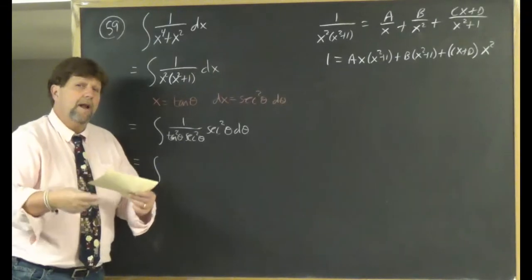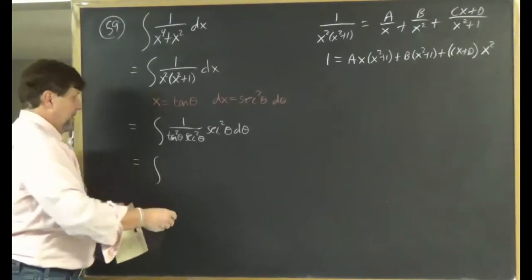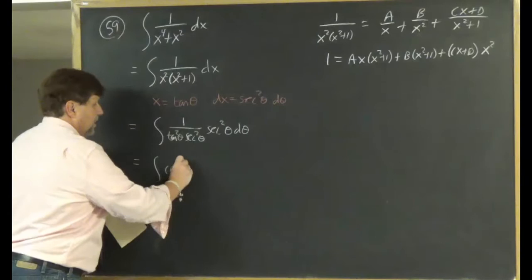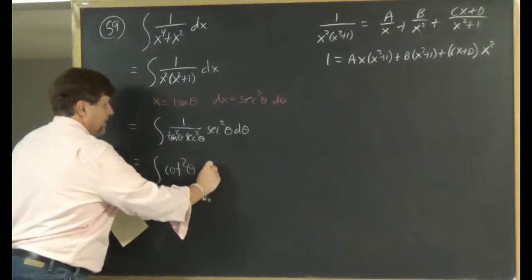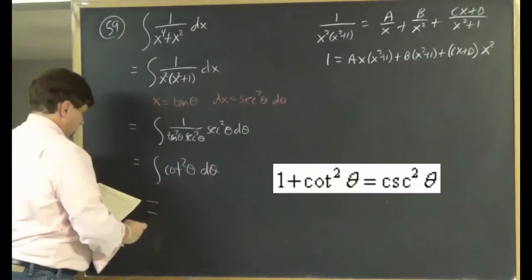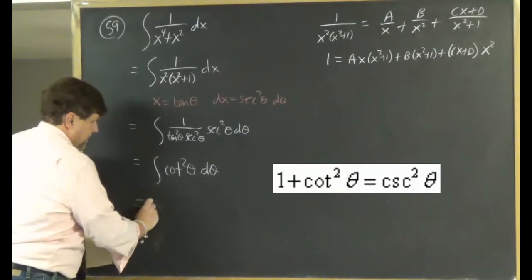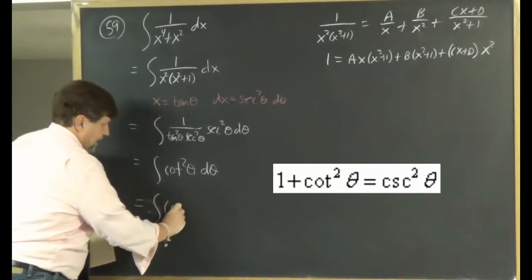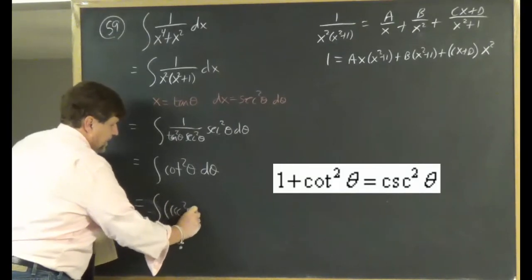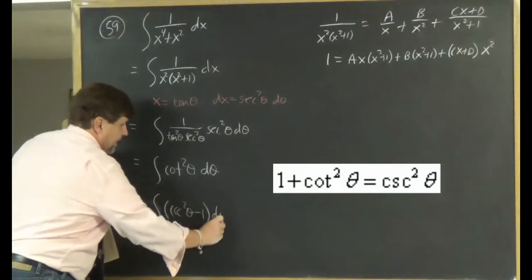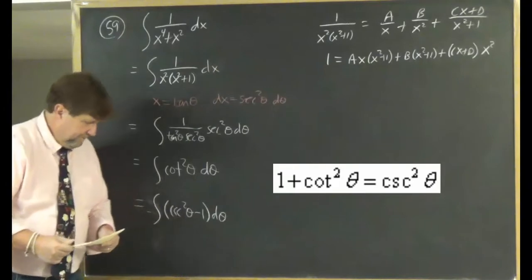We know 1 over tangent squared is cotangent squared. And we know that cotangent squared is, thanks to a Pythagorean identity, cosecant squared theta minus 1.